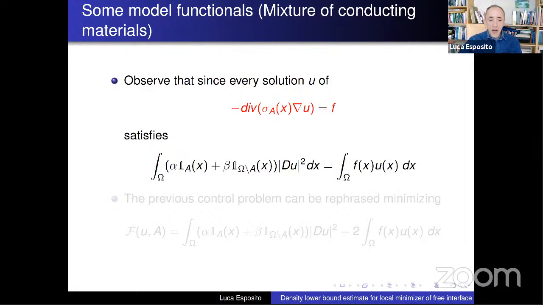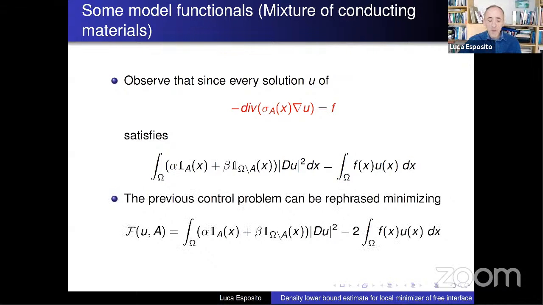So the previous control problem can be rephrased as minimizing just a unique functional, that is the following. In the first term, you have the integral of the gradient of u squared multiplied by sigma. And the second term is the cost functional.